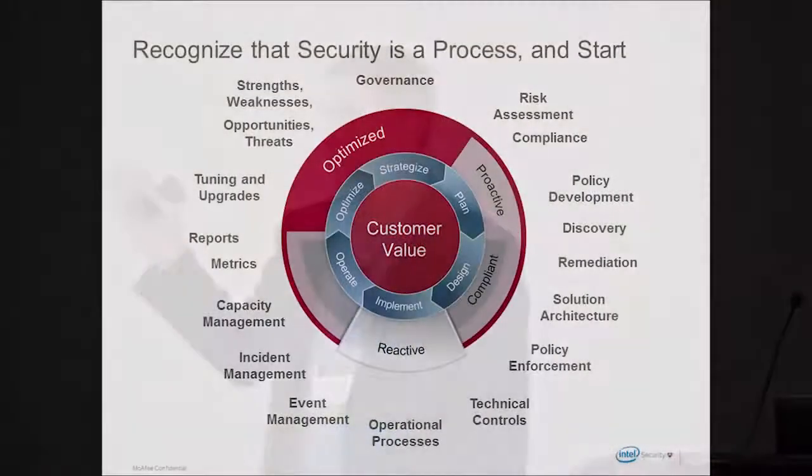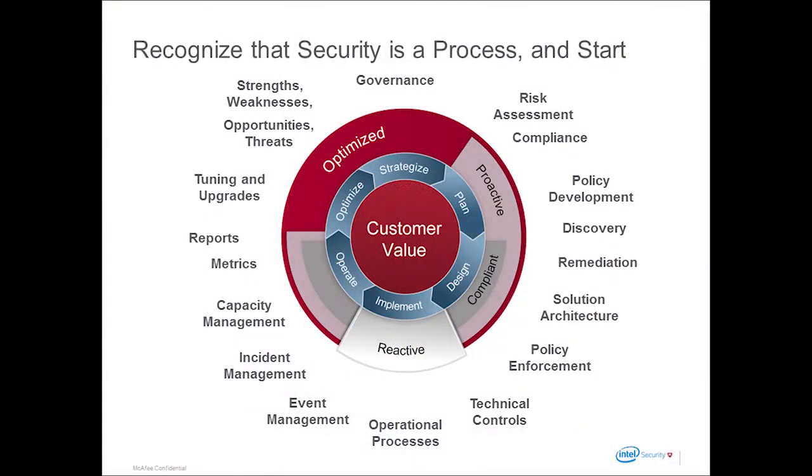It gets you around the value curve into an operational state where you can assess your current processes, identify threats, make modifications to your architecture, and ultimately take advantage of the opportunities that you've learned from the threats and the risks that are exposed.